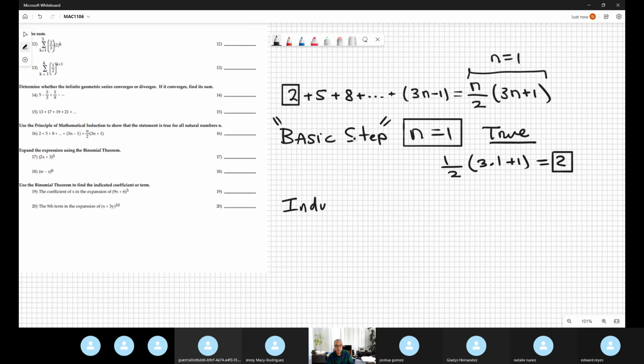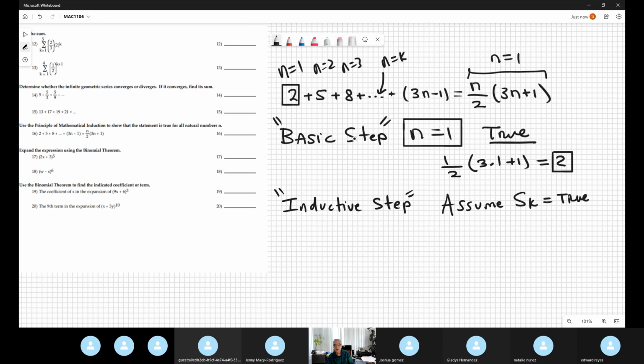Inductive step. This is a little bit more complicated to understand, but it's easy. You assume that S sub k is true, and k is totally arbitrary. Suppose this is n equal 1, this is n equal 2, this is n equal 3, and I call k one guy in the middle, n equal k.